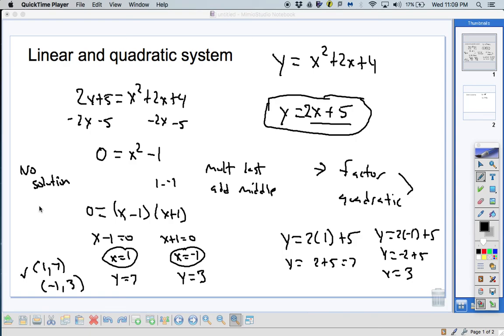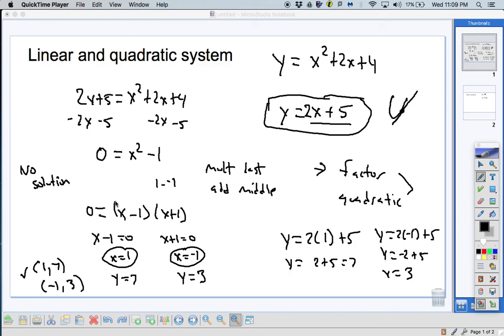Okay? So the only way that happens is if you end up with real solutions, either that you can factor or use the quadratic formula, you have positive square roots, or you can end up with a single case where this ends up being the same number twice when it's tangent. And tangent means that it touches at only one spot. So maybe it touches like that. So there's only one solution right here.